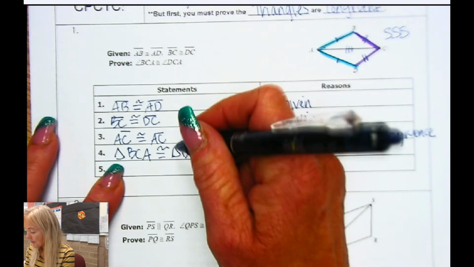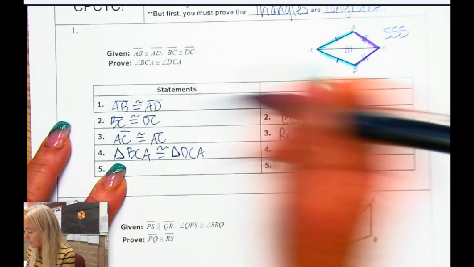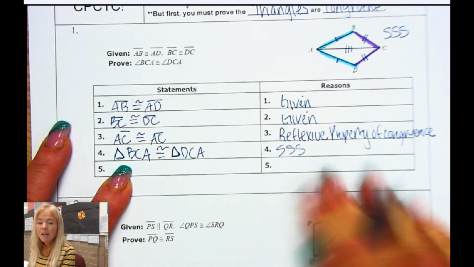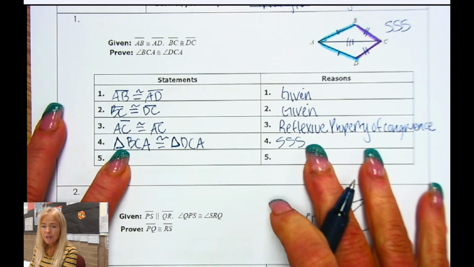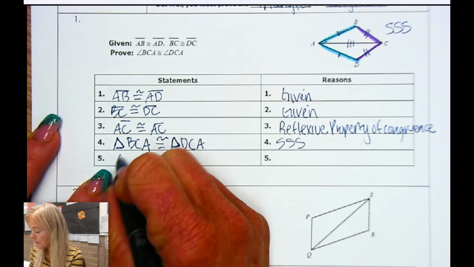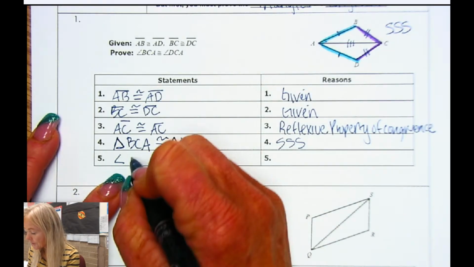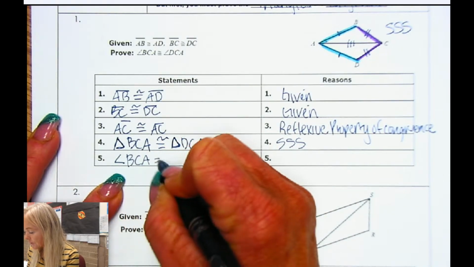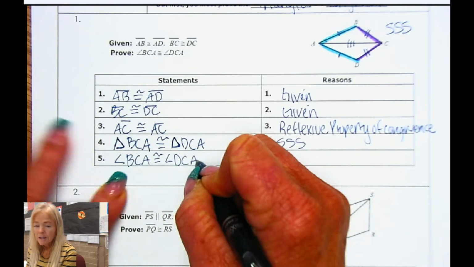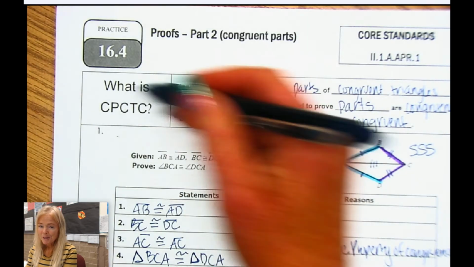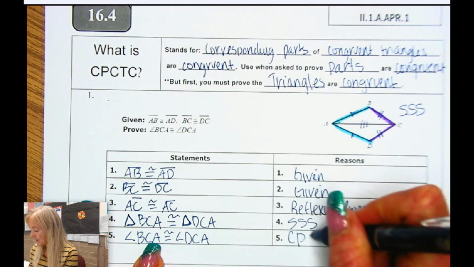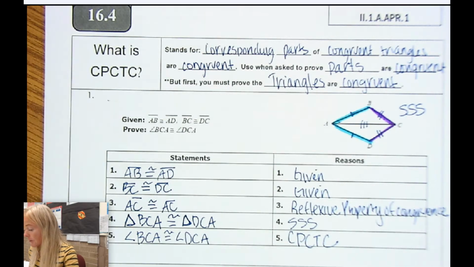We'll just put triangles out front. So we're stating that the triangles are congruent by side, side, side, and because the triangles are congruent, we know for sure that these 2 angles, corresponding angles, angle BCA is congruent to angle DCA, and that's by our little proof statement up here, CPCTC, which is the coolest one ever.